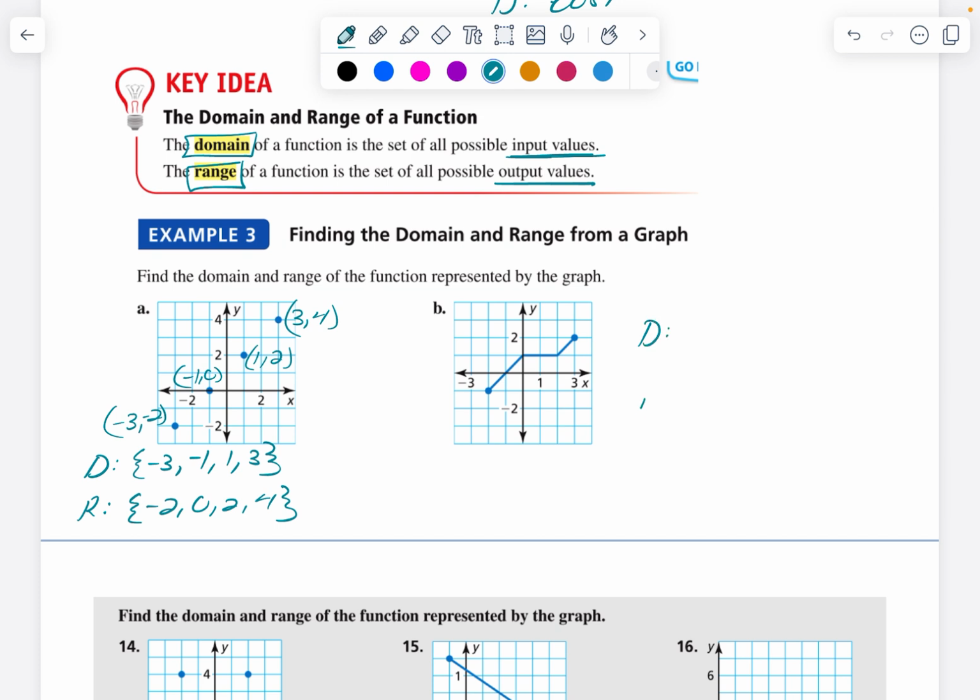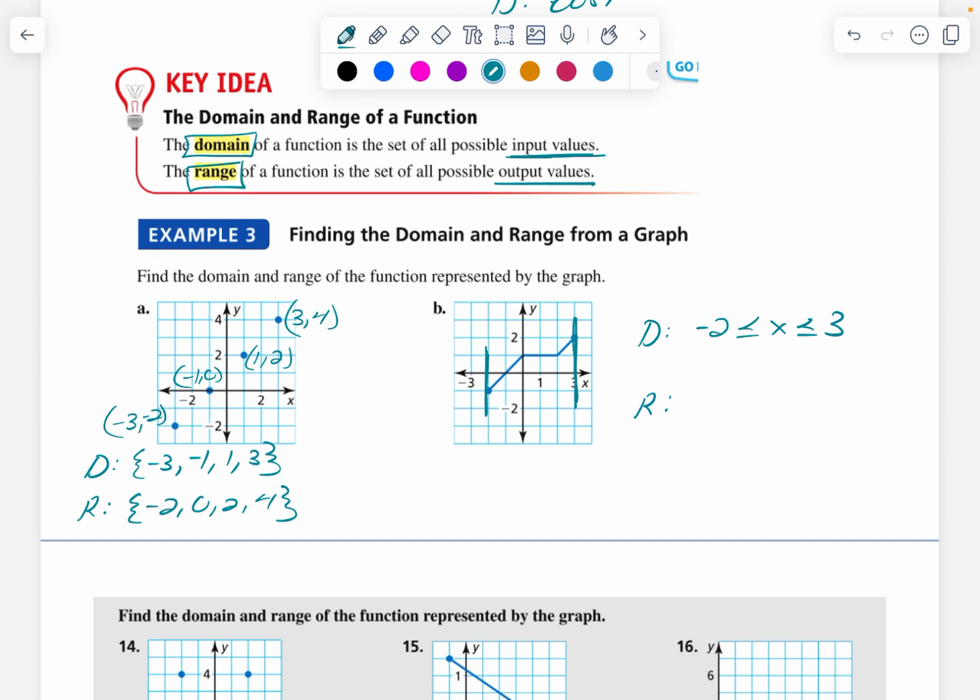But now when it's not specific points, notice all my x values are in between here and here. So all my x values are in between -2 and 3. And we write them as a compound inequality. X is in between -2 and 3. The inequality signs will always look that way.